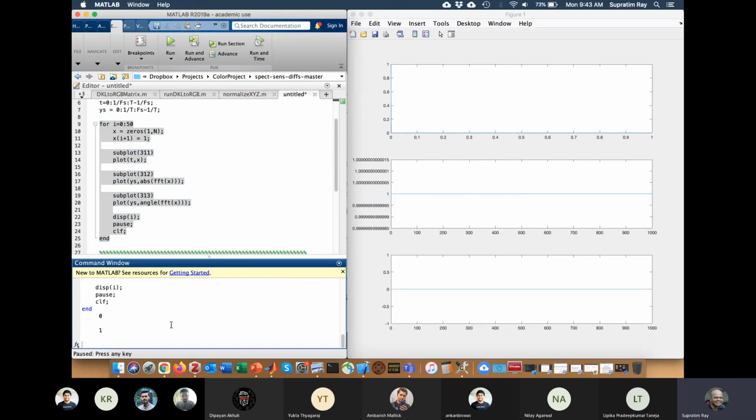So this was first, and as you can see, as I move the lag, this signal is now shifting to the right. So it's a shifted delta function. Okay, the amplitude will not change, but the phase is just going to become faster and faster like this.